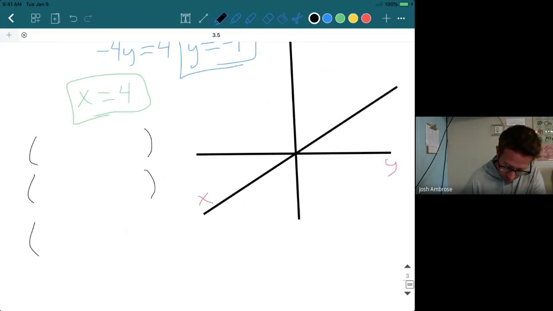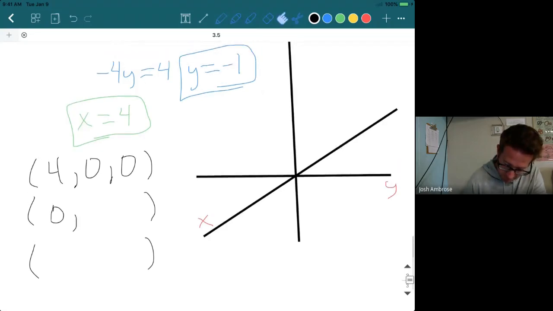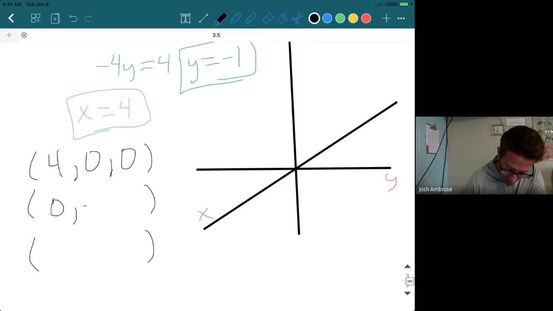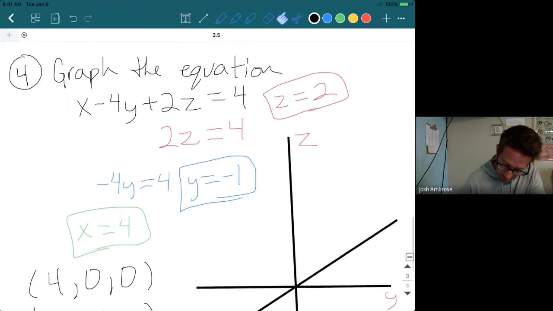We will have one where we have x, comma, 0, comma, 0, and we know x is 4. Then 0, comma, and remember our y value, it's negative 1, comma, 0. And then the last one, 0, comma, 0, comma, and our z value was 2.